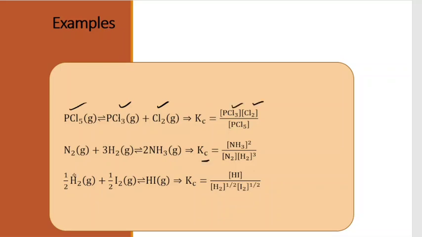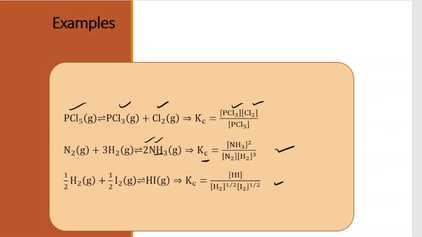Similarly, Kc for N2 plus 3H2 gives 2NH3. NH3 is the product, so the product is raised to the power 2, reactant N2 to the power 1, and reactant H2 to the power 3. That is the Kc for the reaction. Similarly, you can see the Kc for the third reaction also. This is how to write Kc for a reaction.